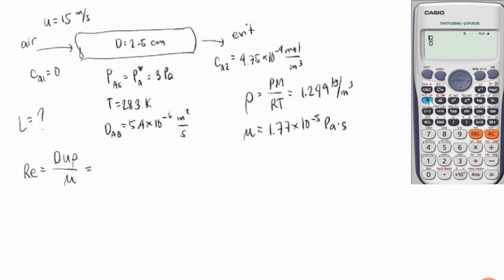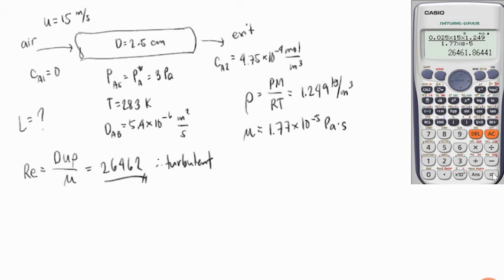Our diameter, 2.5 centimeters, that is 0.025 meters, times the velocity of 15 meters per second, times the density of 1.249 kilograms per cubic meter, divided by the viscosity of 1.77 times 10 raised to negative 5. Our Reynolds number is 26,462. This is definitely turbulent flow.